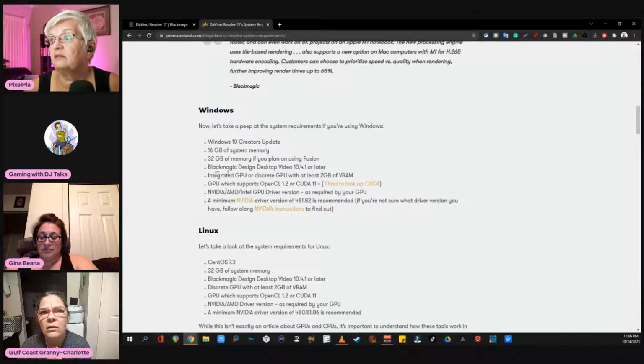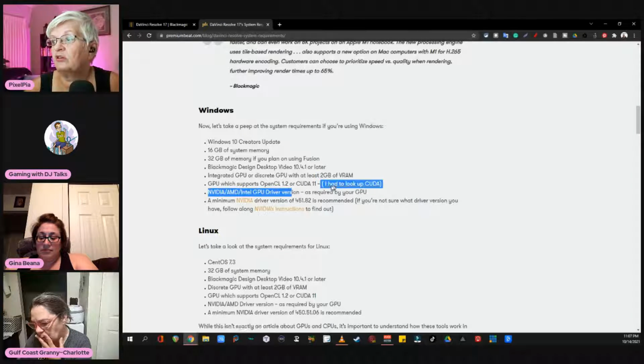You need at least 2 gigabytes of RAM on your GPU. You should have more. Then you need a good card.